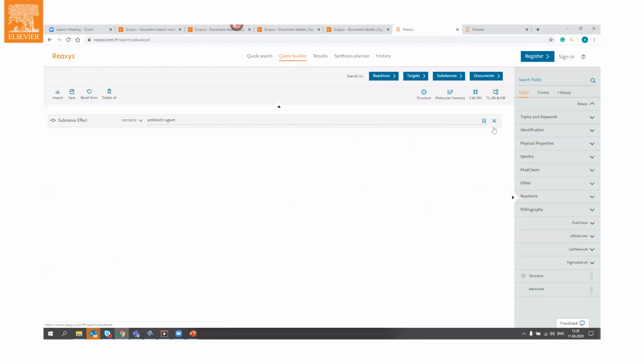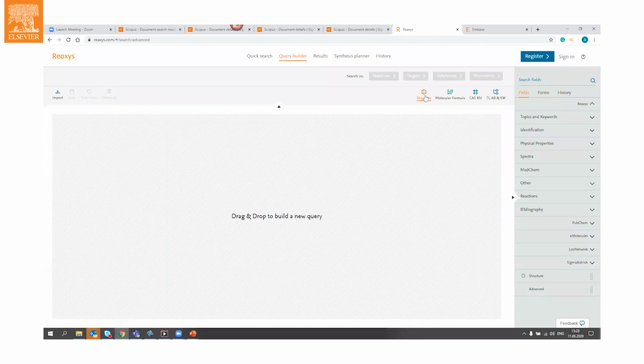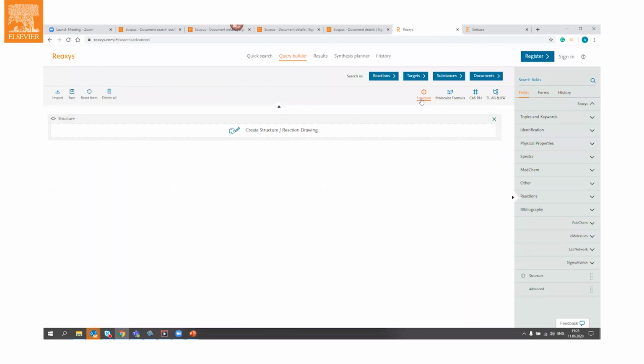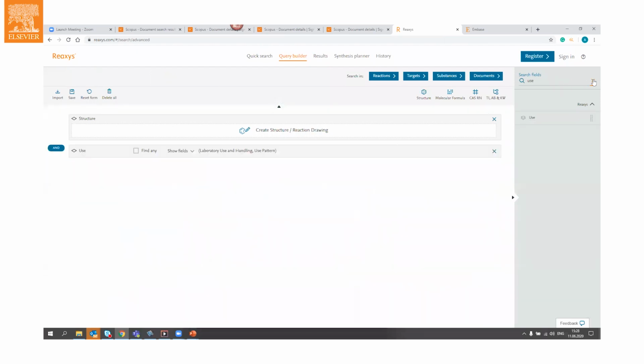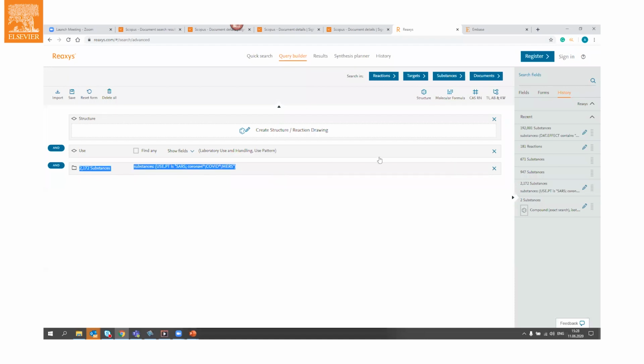We go to query builder, we add structure. We just need to click here. Also, we can type use, or the second approach, from there we can go to the history and see all previous searches which we have. So we can do like this. We can even combine them with each other.